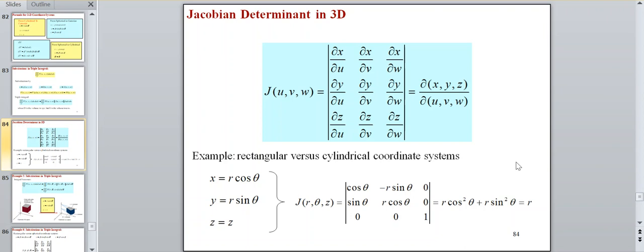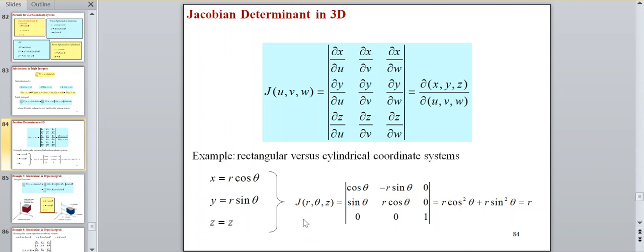It means you can imagine that we have an x, y, z space, a three-dimensional space represented by x, y, z, and then we have another three-dimensional space represented by r, theta, z. So when we say x equals r cosine theta, y equals r sine theta, and z equals z, it means we are actually using cylindrical coordinate system for our substitution.